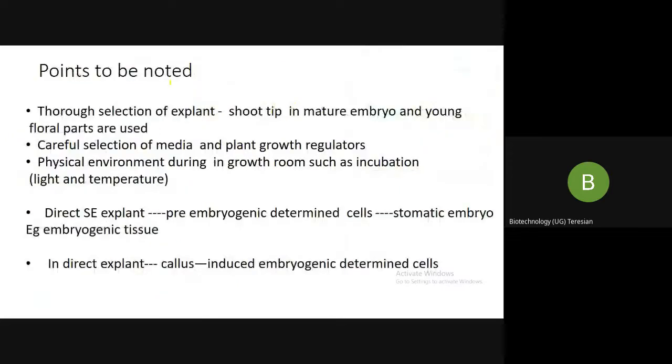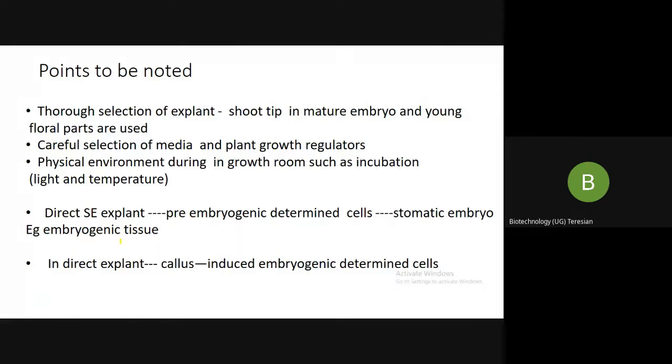These cells are present in the somatic cells, and they are committed to form embryos. Since they are committed only to form embryos, they can form the somatic embryos.